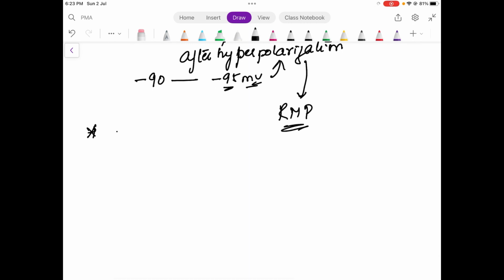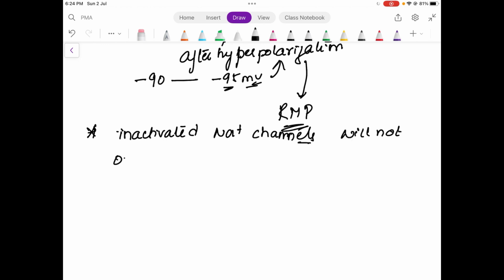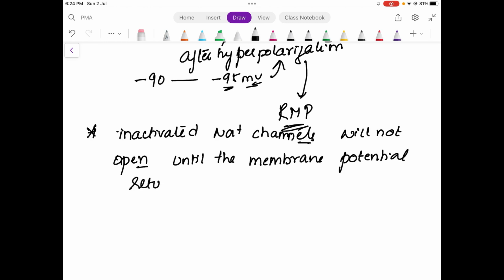And the inactivated sodium channels will not open until the membrane potential returns to or near the original resting membrane potential.